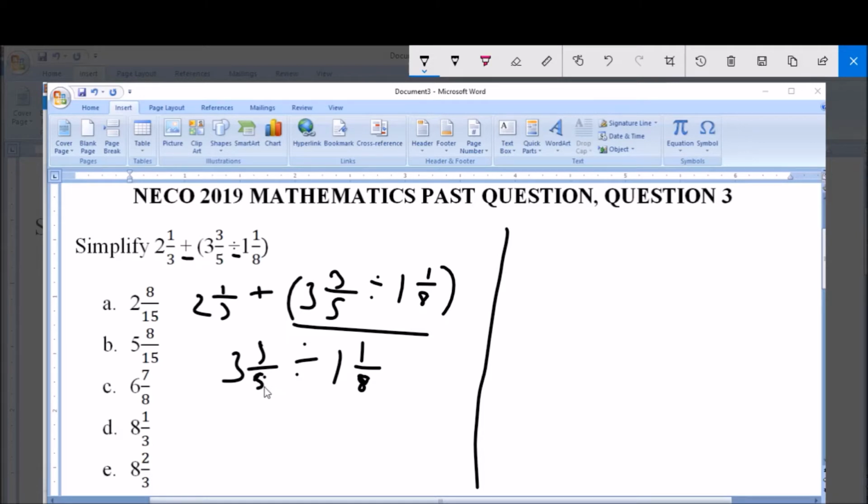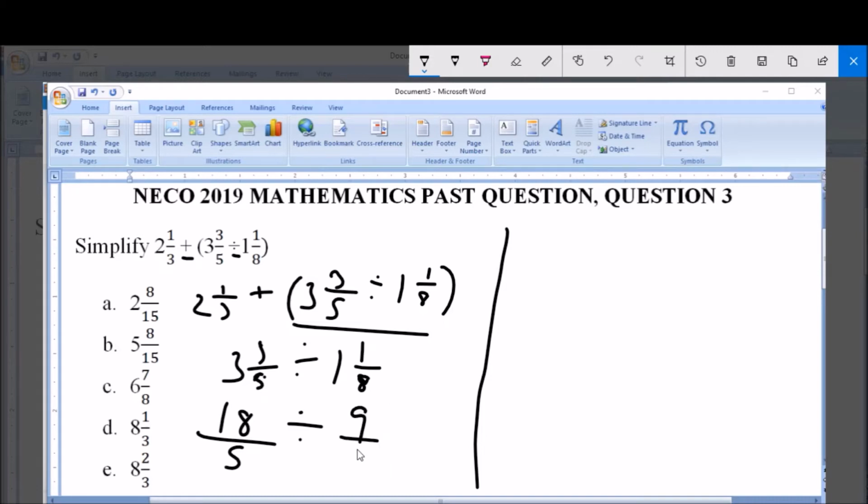The denominator is 5, so we have 3 times 5 to give us 15, and 15 plus 3 will give us 18. So we have 18 over 5, then divided by, here we have 8 as the denominator, so 1 times 8 gives us 8, plus 1 gives us 9.